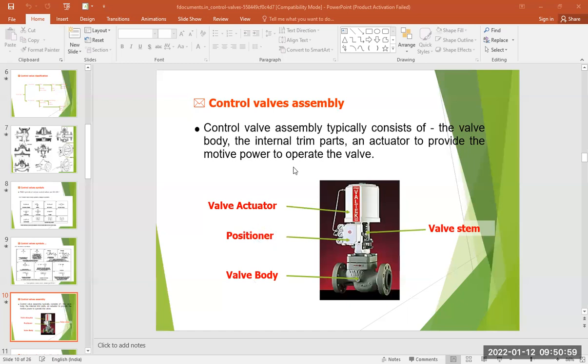Okay, is it clear to all of you what a positioner is? Please respond, everyone. Is it clear or not? Is it clear? Alok Prakash?